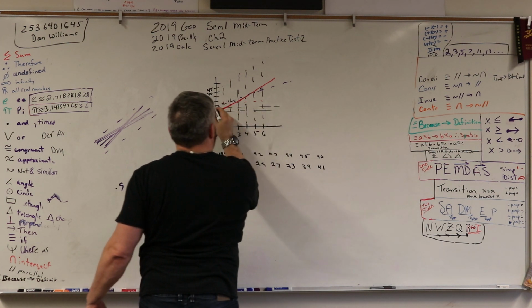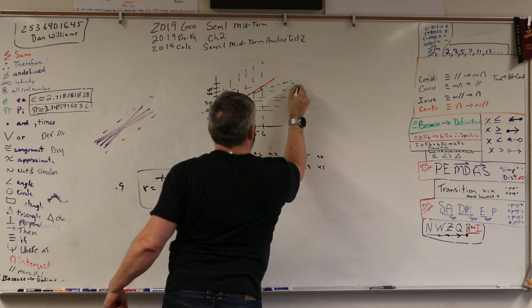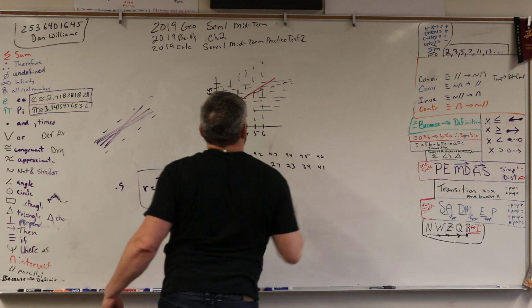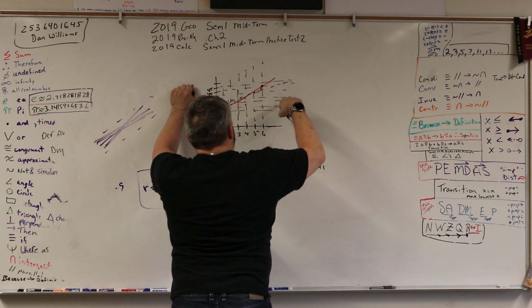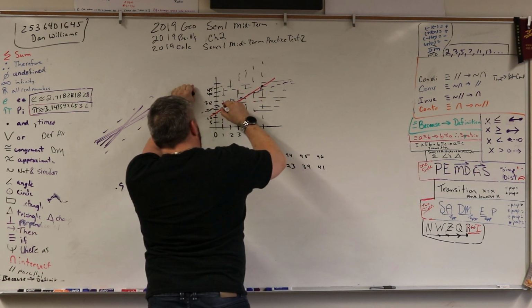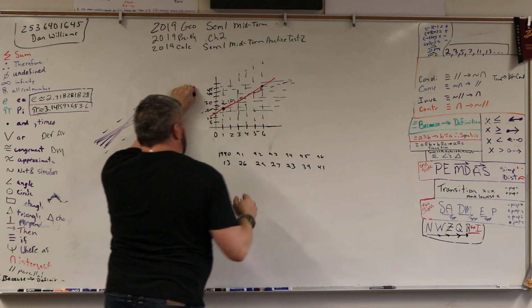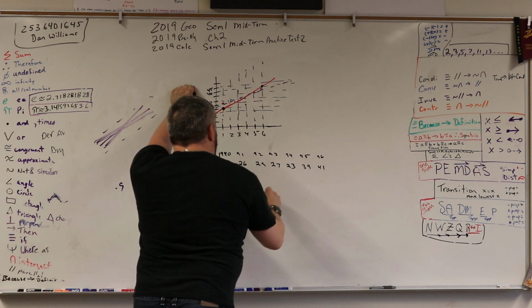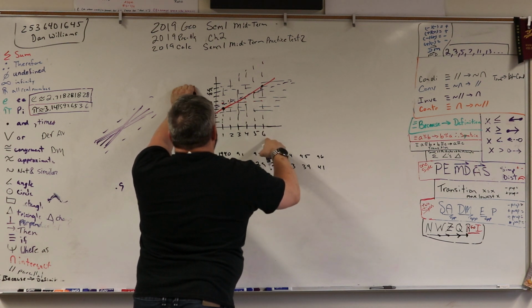Okay? And so where does it cross? It looks like it's crossing right here. So at 1 and 20, right? So at 1 and 20 and at 6 and 40.